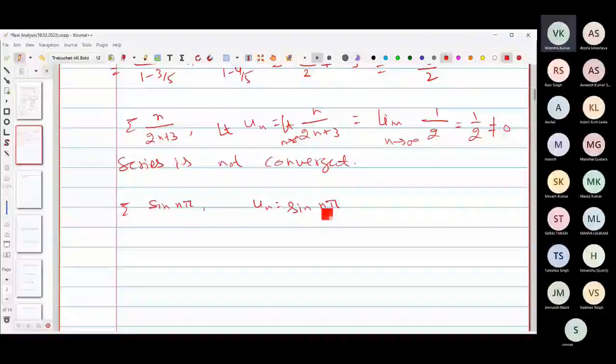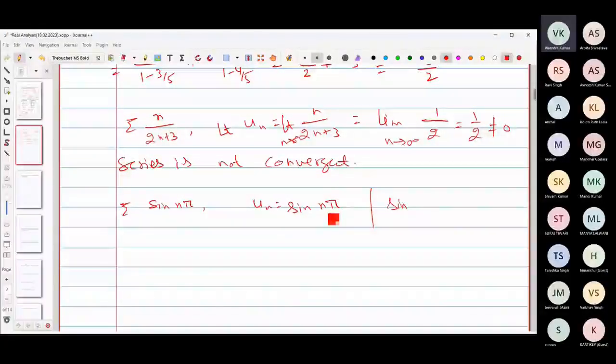When n is 1, then sine pi. What is the value of sine pi when n is 1?